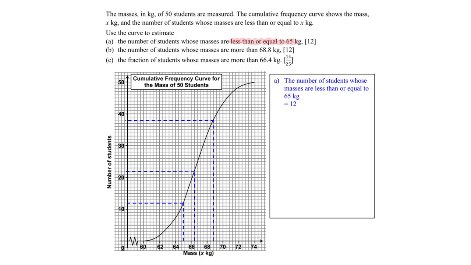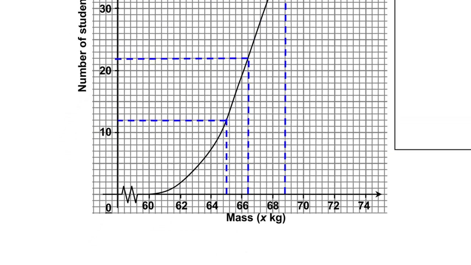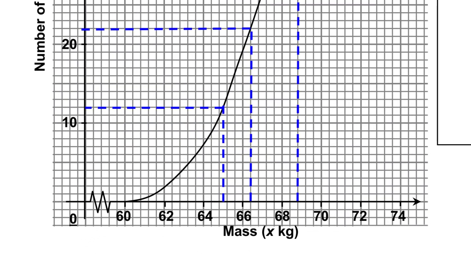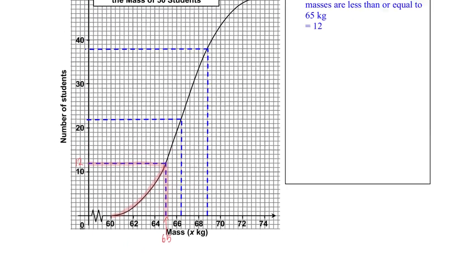So if I zoom in to 65, then I will be able to very quickly find from this graph that there are 12 students whose mass is less than or equal to 65. Okay? And that's for part A.